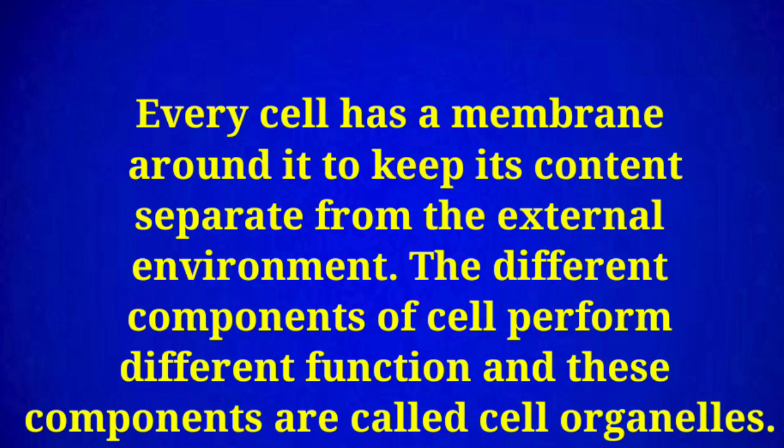Cell organelles. Every cell has a membrane around it to keep its contents separate from the external environment. The different components of the cell perform different functions and these components are called cell organelles. Golgi apparatus. The Golgi apparatus, first described by Camillo Golgi, consists of a system of membrane-bound vesicles arranged approximately parallel to each other in stacks called cisternae.